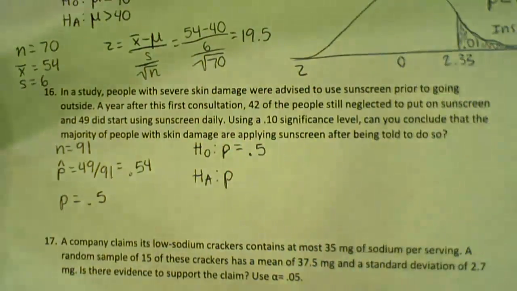Now, what would be the alternative, though? If the question is asking, can you conclude that the majority of the people are applying the sunscreen? You think it's less? Greater. Again, because we're looking at the majority, so it would have to be more than 50%.